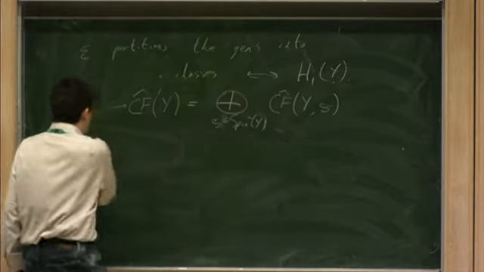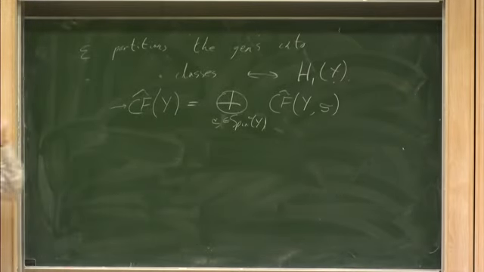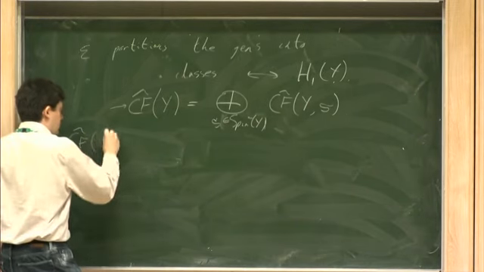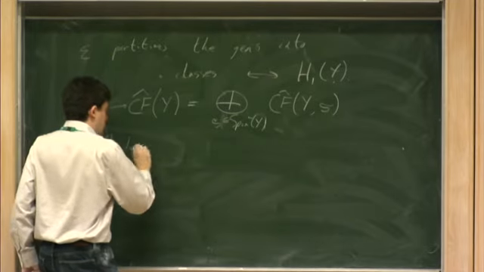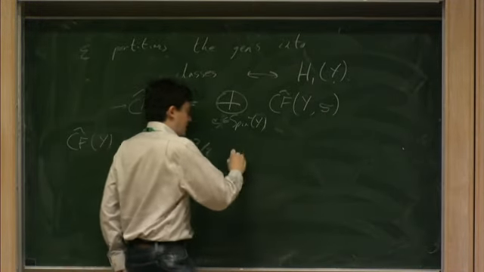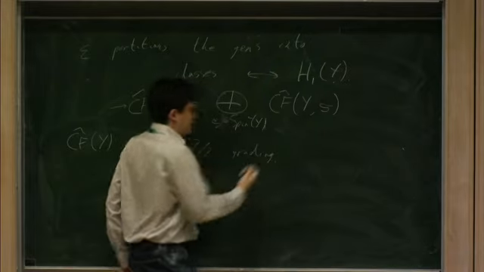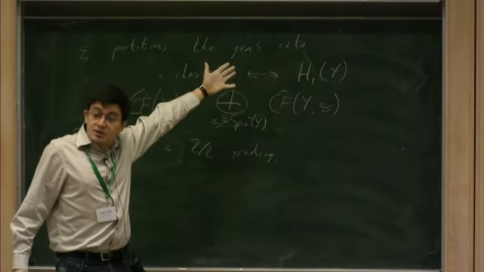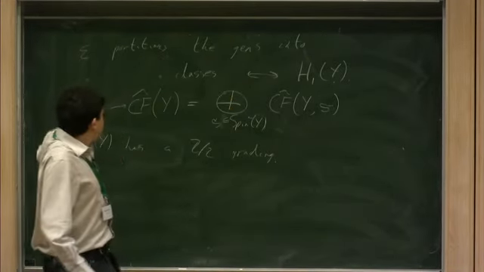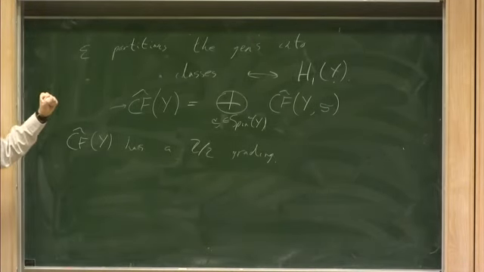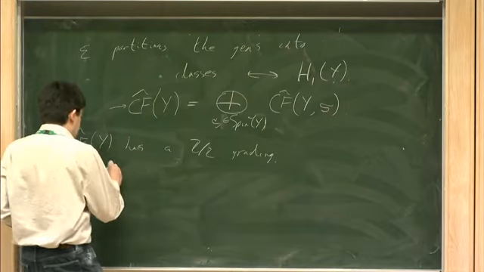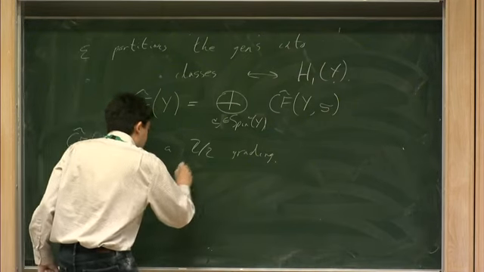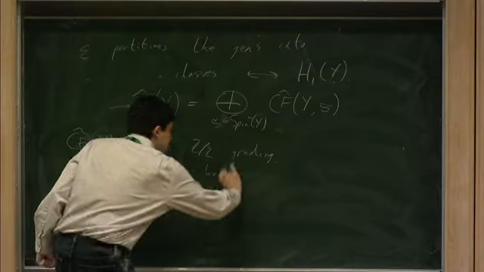I have a Z mod 2 grading. So CF hat has a Z mod 2 grading. As I said before, it's given by the local intersection numbers. And it turns out that the differential shifts the Z mod 2 grading by 1.